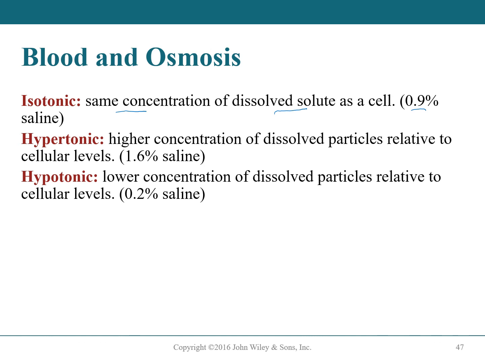Hypotonic means that outside my cell, the concentration of particles is lower than inside my cell. Is this important? Yeah, because of osmosis, now the water wants to go inside the cell to dilute out the concentration of particles inside my cell to make both outside and inside even.